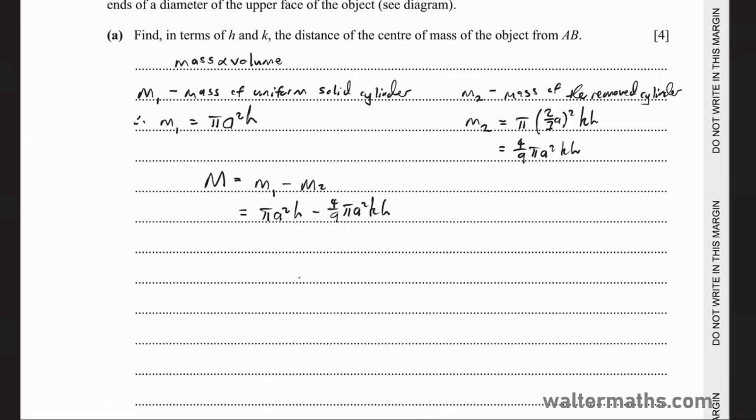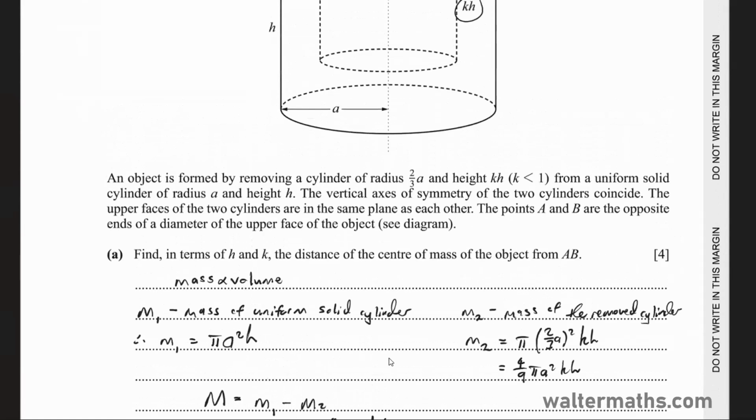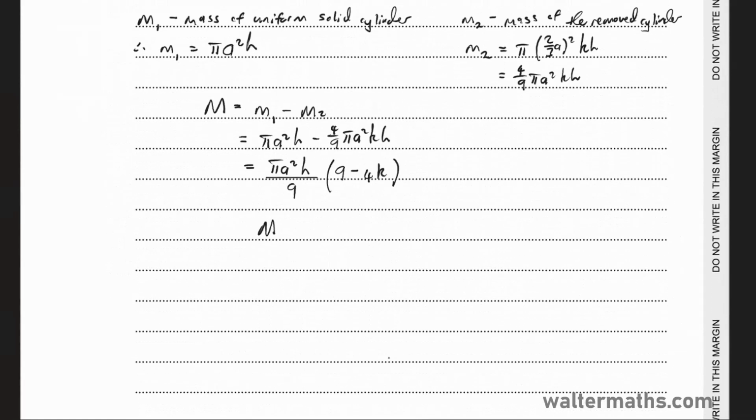Now, this can be expressed as, if we factorize, we can factor out pi a squared h over 9, and we'll be having 9 minus 4k. So that is basically M simplified. Since the center of mass is on a vertical height, I'll just use y. So y bar is equal to the sum of m i y i.